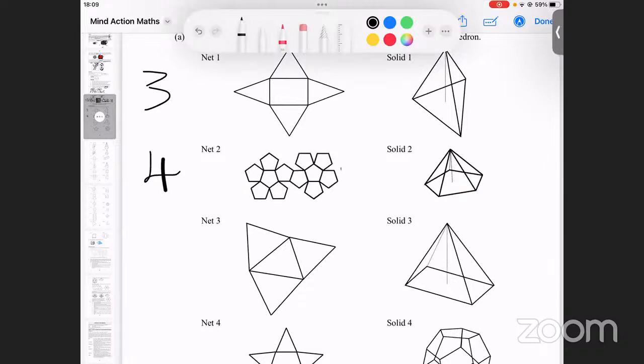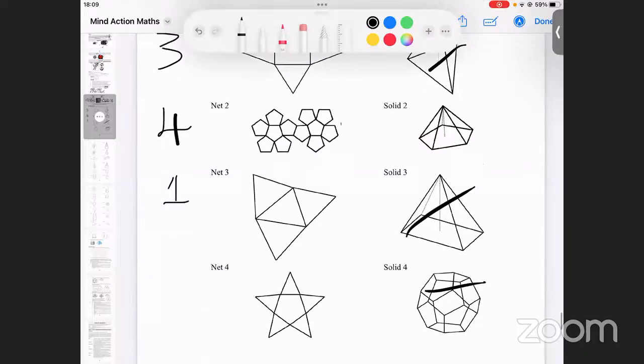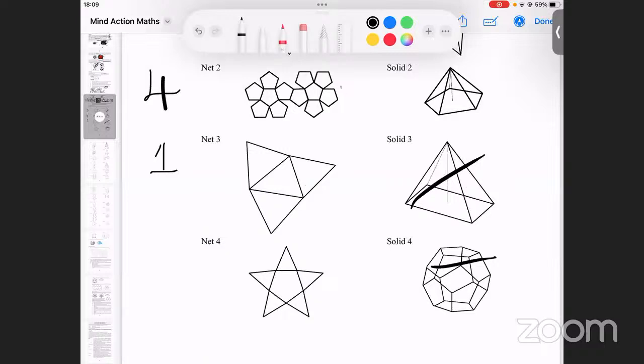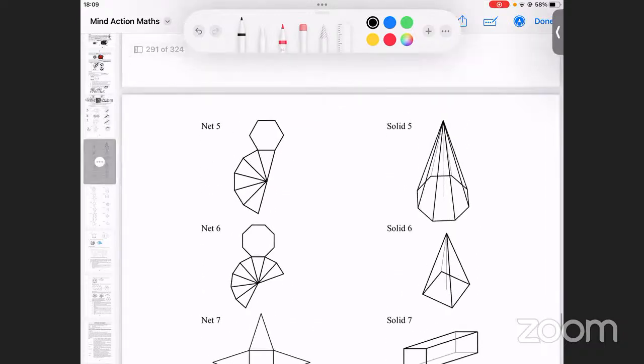Ma'am, I think it's 1. Yes, it's 1 because you see there are triangles. Perfect, so we're going to scratch that out as well. And then net 4, what's going to be net 4's solid? Ma'am, solid 2. Yes, it's 2, and then we're going to carry on.